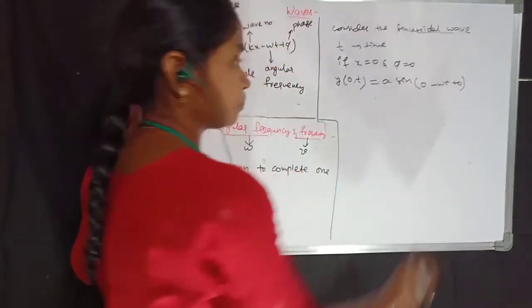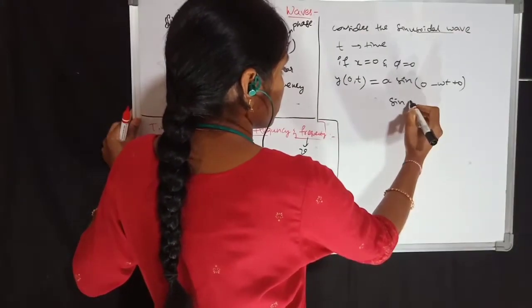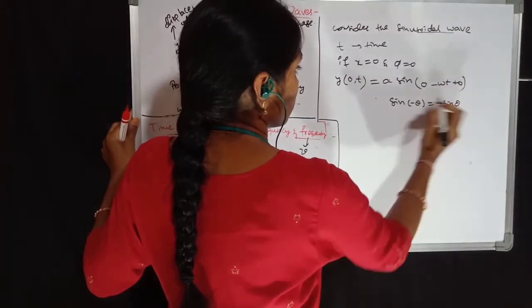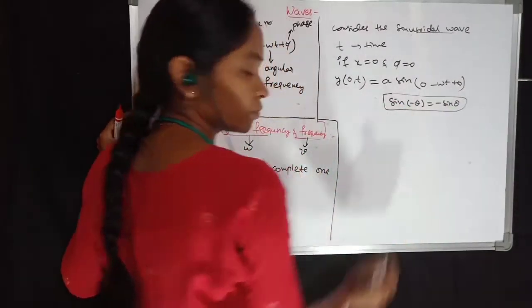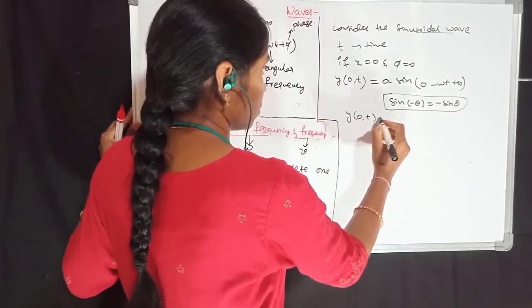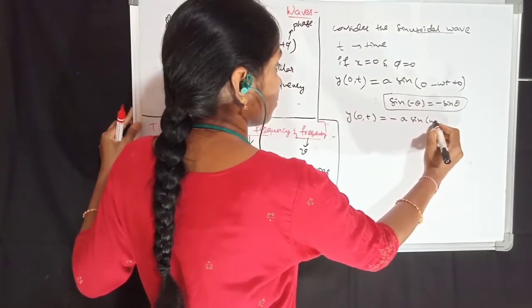Phi is 0. And we know that sine of minus theta is nothing but minus sine theta, from mathematics. So y of 0 comma t equals minus a sine of omega t.